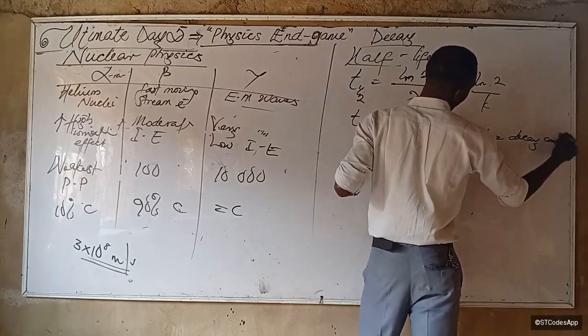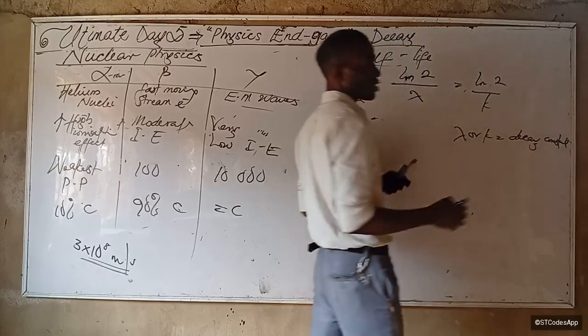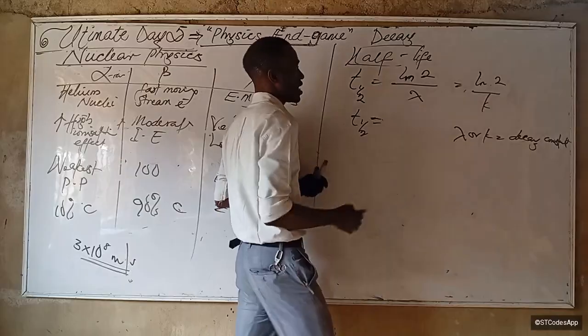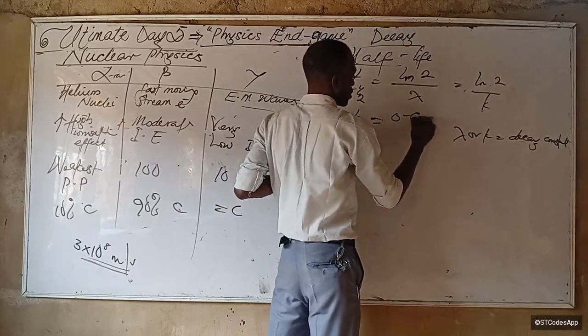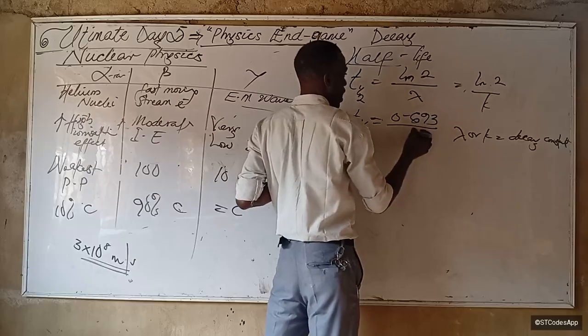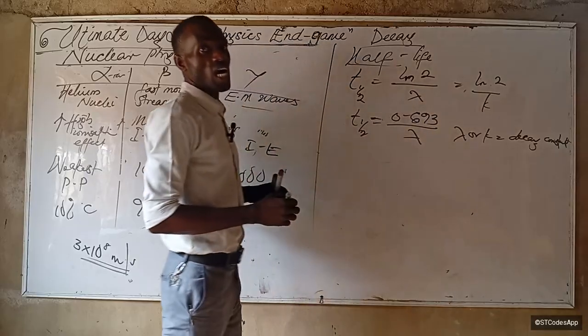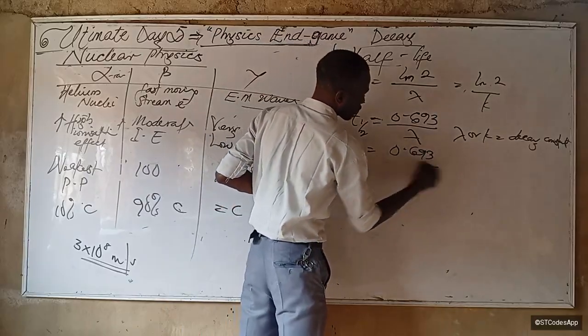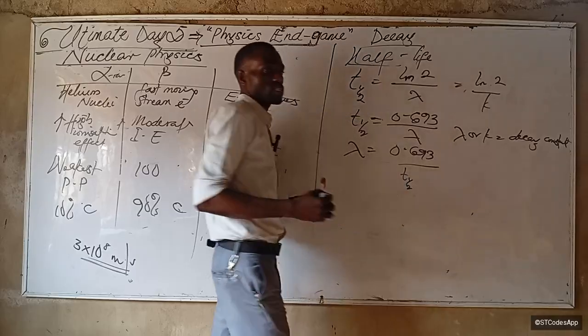Somebody say decay constant. So T half is now given as 0.693 over lambda, so that lambda, or the decay constant, is also equal to 0.693 over T half. Do you understand?